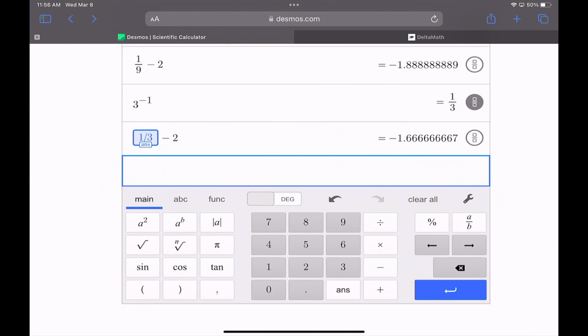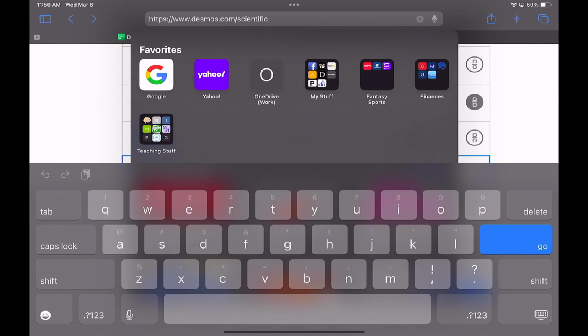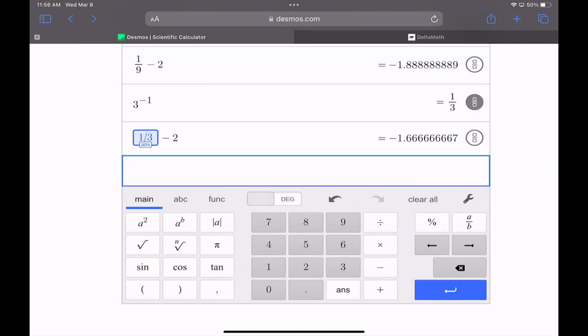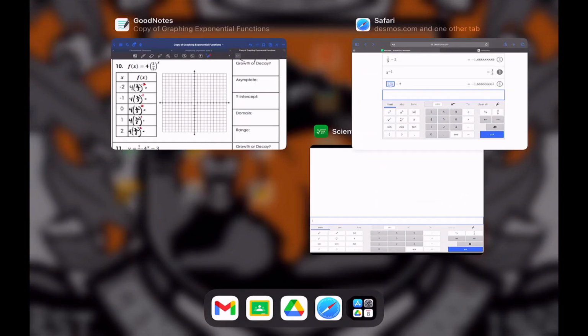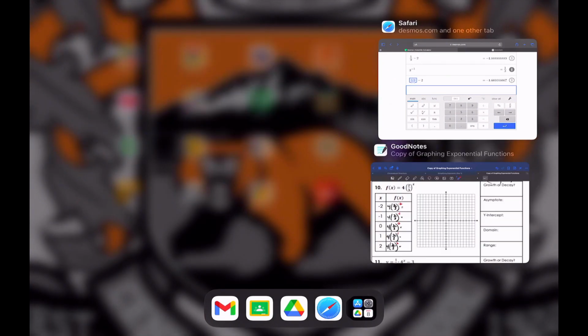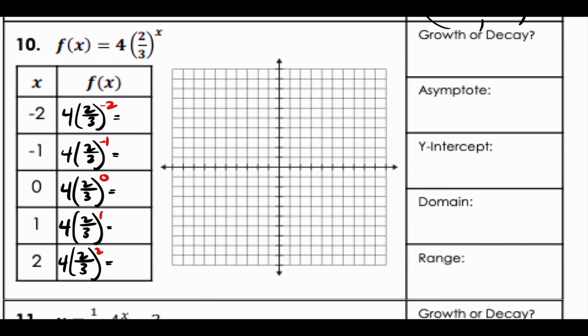If you're using your phone, I would use something other than the default iPhone or Android app, because like I said, those are great for adding, subtracting, multiplying, and dividing. But if you want to do powers like we're doing now, it's not the best. It does it, but it's a little clunky. So the one I have is Desmos Scientific Calculator. It's free, and it looks like your Delta Math calculator. So you've seen it before. Or you can just go to desmos.com/scientific on Safari or Chrome, so you don't necessarily need the app. The reason I say that is because I'm going to do this one right now. I can plug in that exact thing and it will give me an answer.